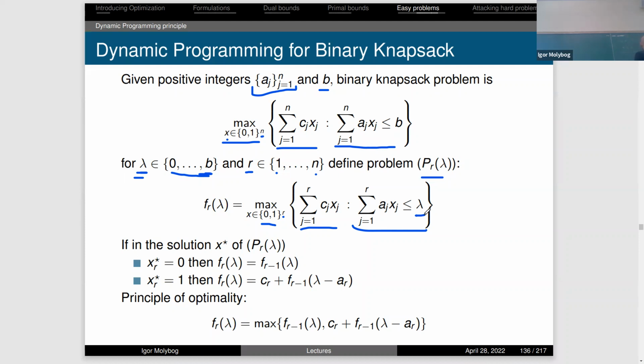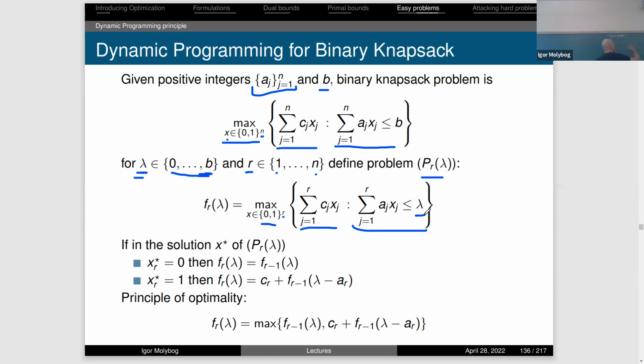Now this part has been reduced to this one, so now it's only c1 x1 plus and so forth c_r x_r that is being maximized. And also you have a1 x1 plus and so forth a_r x_r that is less than or equal to lambda, which is smaller than this b.